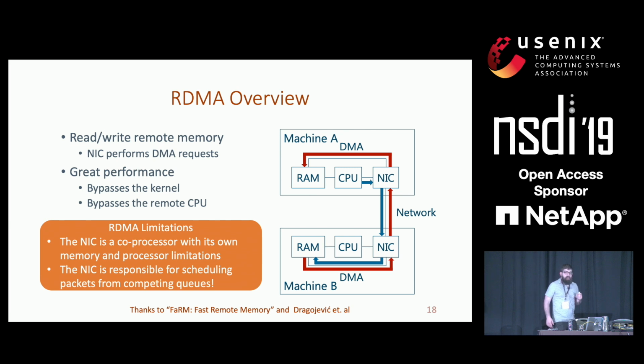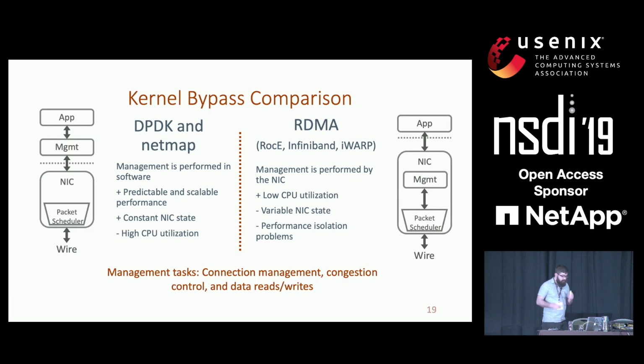Okay, but a big limitation here is that we've now offloaded things to the NIC as a coprocessor, and it's now responsible for scheduling and deciding between packets. To get into that in a little more detail, our first paper is going to compare DPDK or NetMap style kernel bypass against RDMA style kernel bypass.